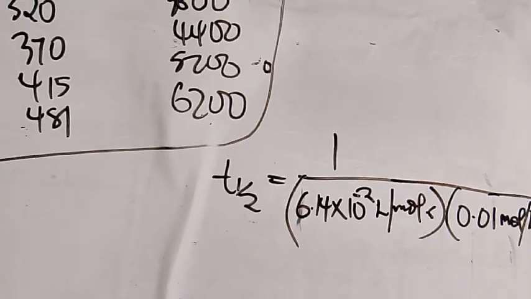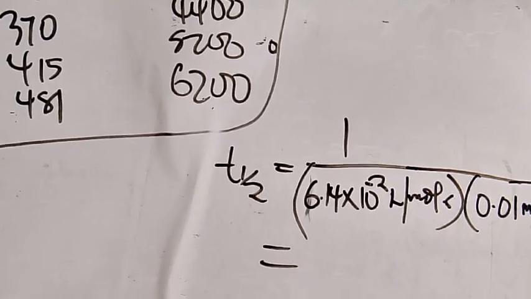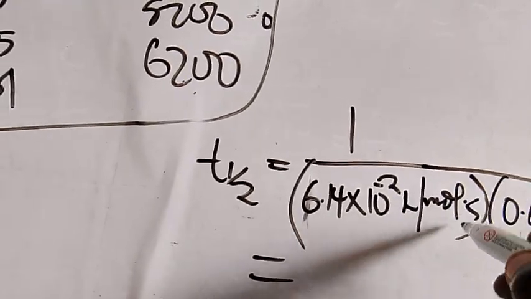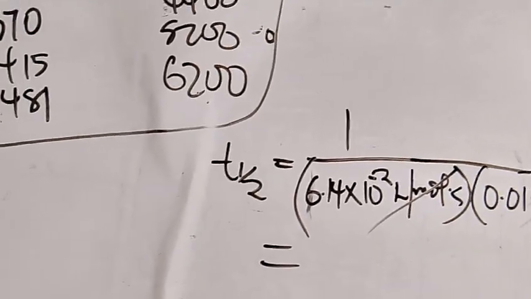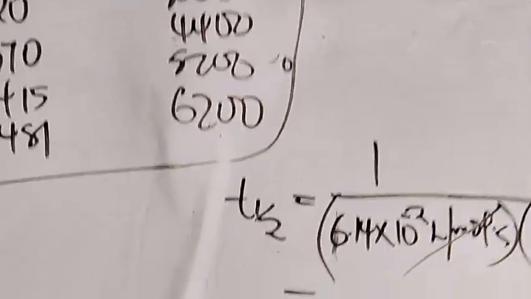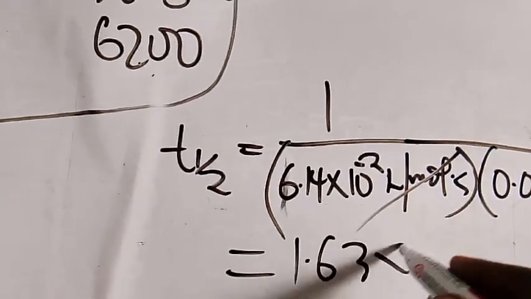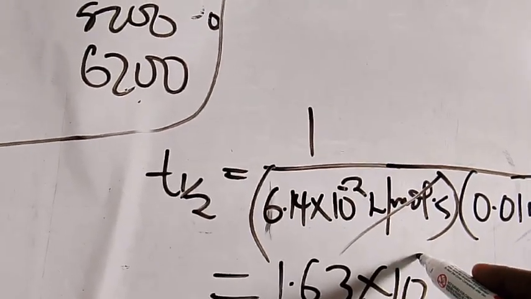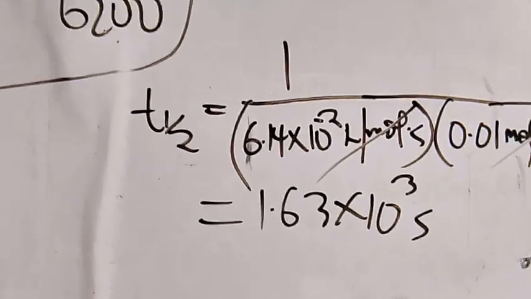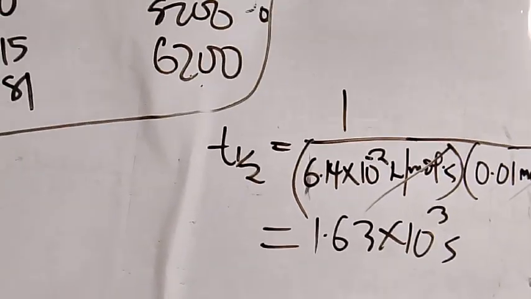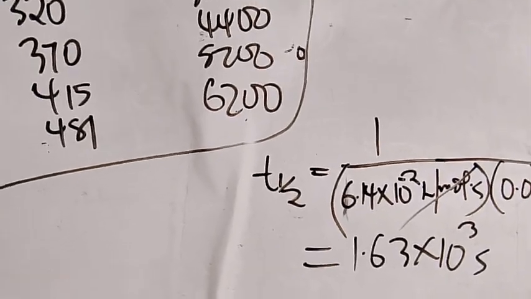Okay, so you can see the units will cancel and we shall remain with the seconds there. So now you multiply and divide. So we are going to find the half-life as 6.3 times 10 to the power 3 seconds. So that is the half-life of this reaction.